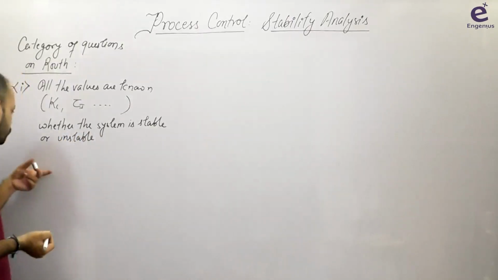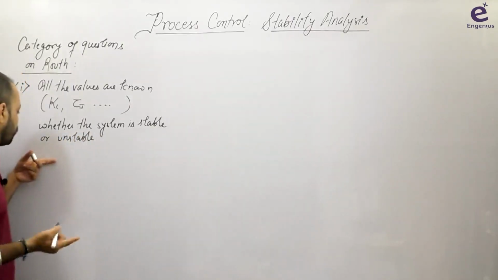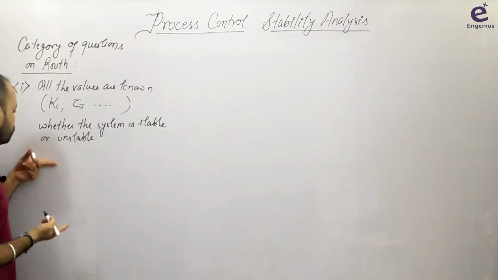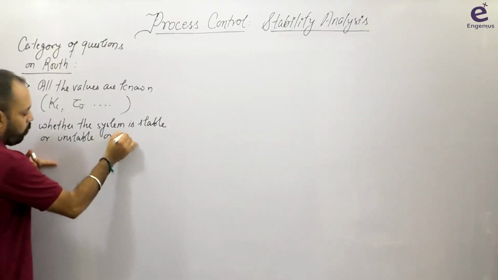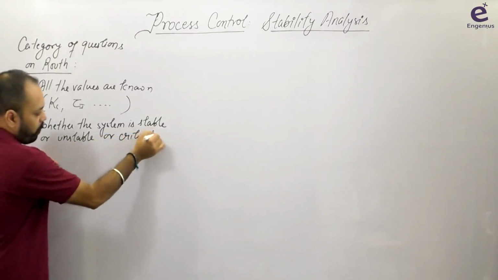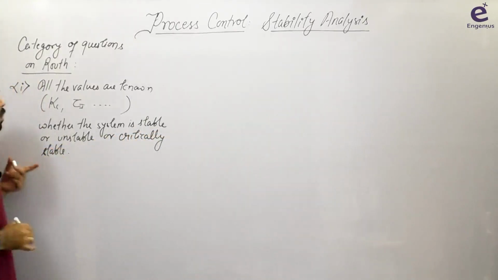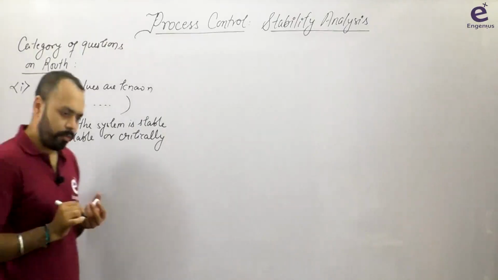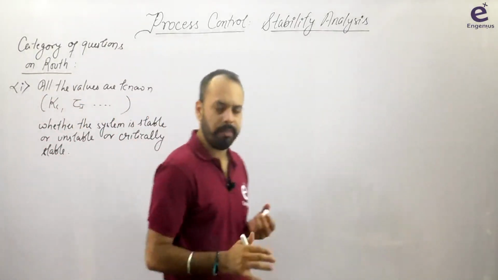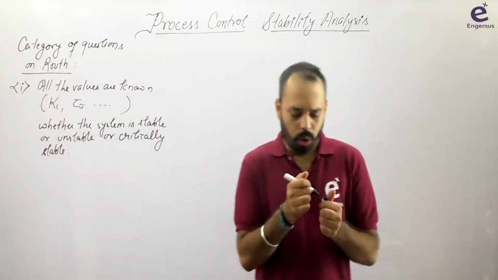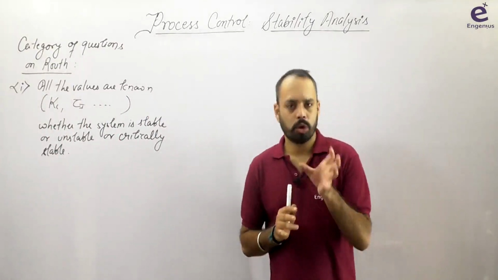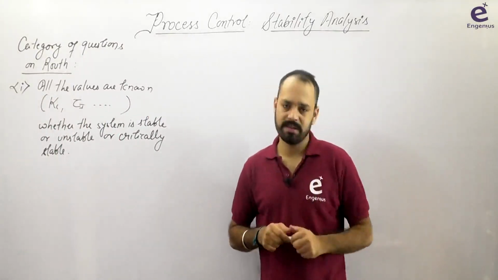I discussed this in the last lecture, कि इस तरह की एक category हो सकती है, है ना. Whether the system is stable or unstable or critically stable. It is possible. Kc will be known, tau I will be known, tau d will be known, whatever parameters are there, all the values will be known, and the question will be regarding whether the system is stable or not.